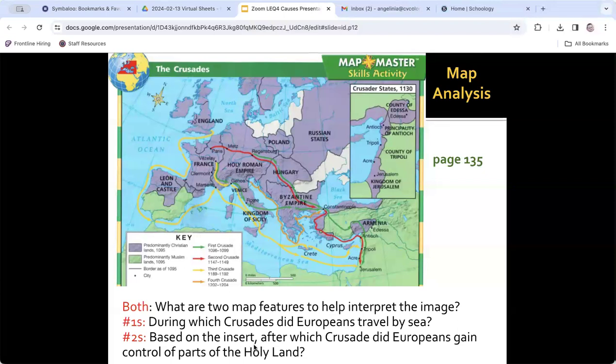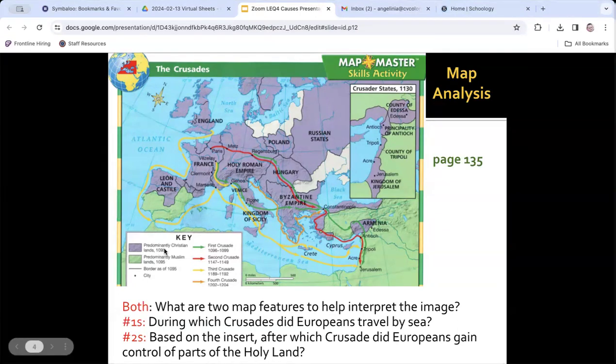This question was the harder one, and I promise you, you will see this one again. When it says insert, it means kind of like this bonus map within a map. You can see it's zooming in on this section of land down here. But what you might notice is that the color coding is different, and that's because the timing is different.